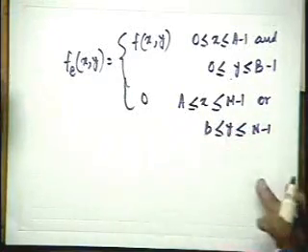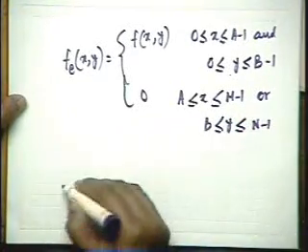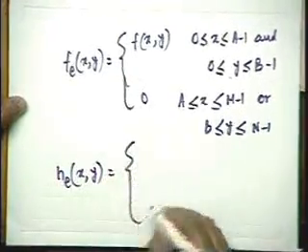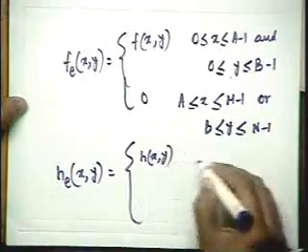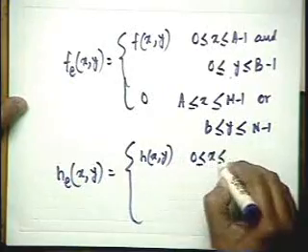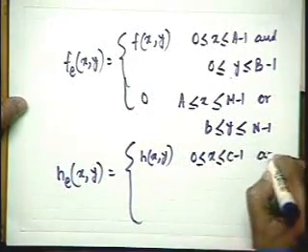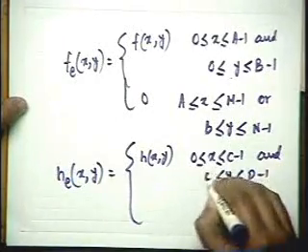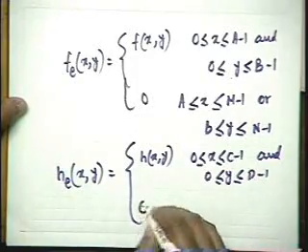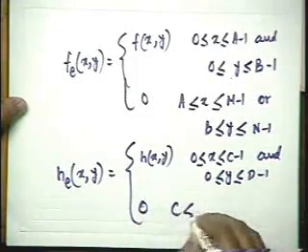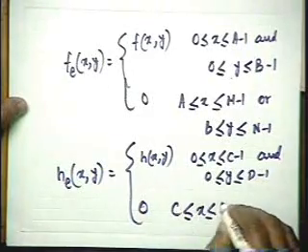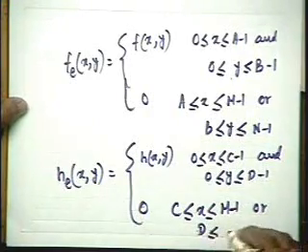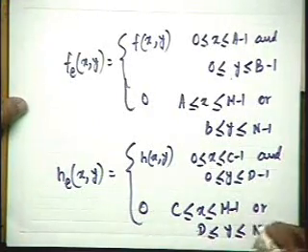n minus 1. Okay, and very similarly he of xy can be written as h of xy, for x lying between 0 and capital C minus 1 and y lying between 0 and capital D minus 1, and it is 0 for x lying between capital C and M minus 1 or y lying between capital D and N minus 1.